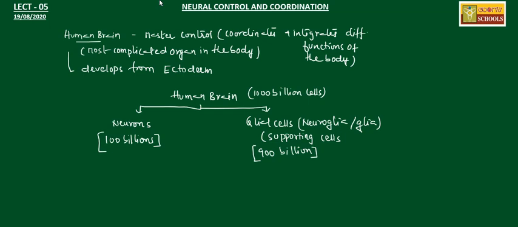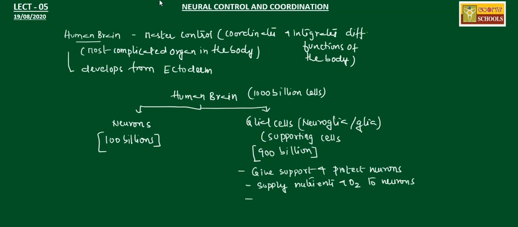So the function of the glial cells is that they give support and protect neurons. They also help in supplying nutrients and oxygen to neurons. Then they also help in insulating one neuron from another.